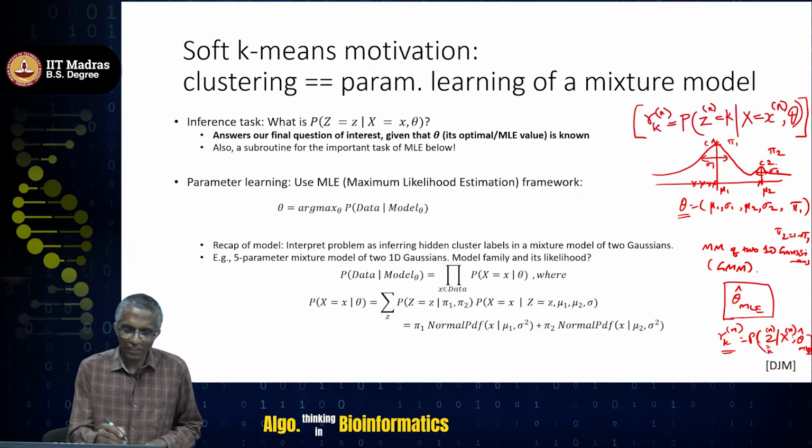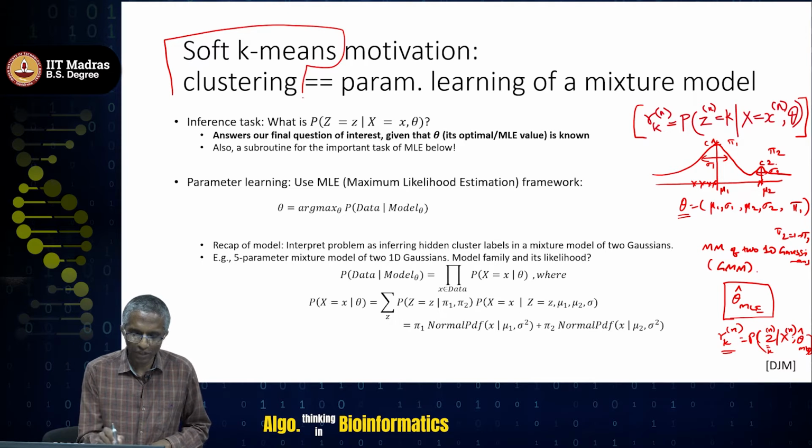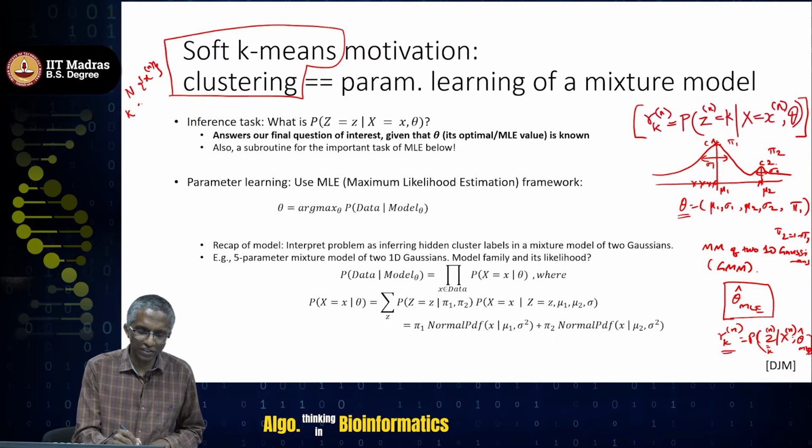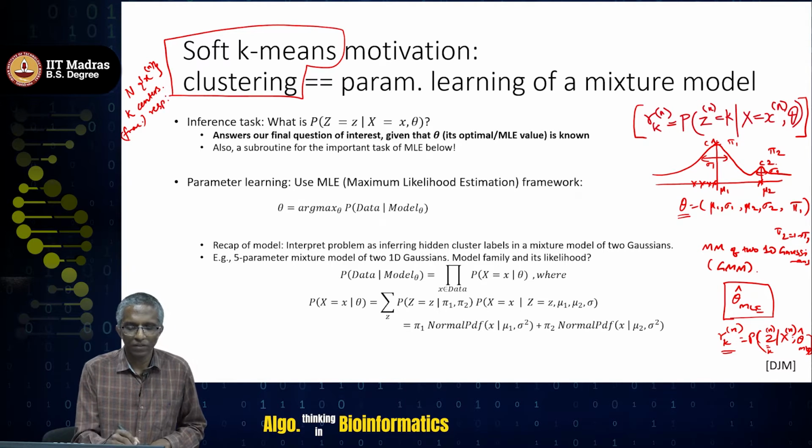We said that the soft k-means clustering is just figuring out, you are given n objects or n data points, and then you want to group them into k centers, and then you want to figure out this fractional responsibility of each center for each data point, and that is exactly this r_k of n that we used to call before.